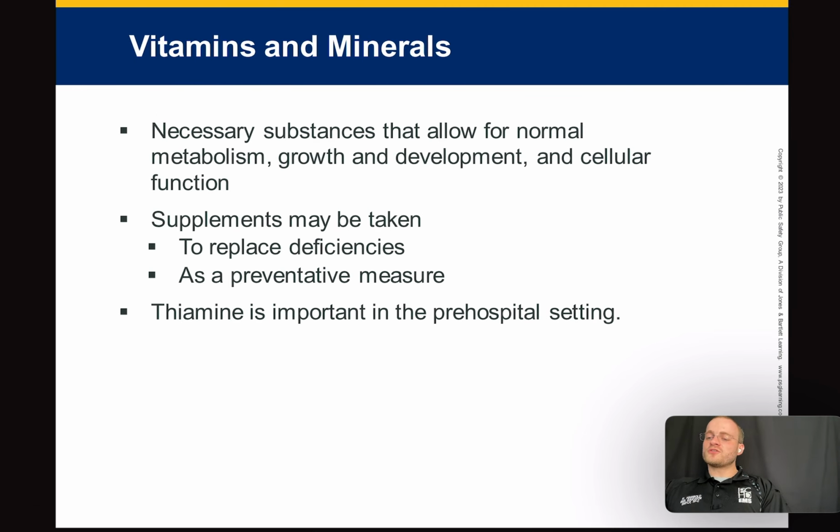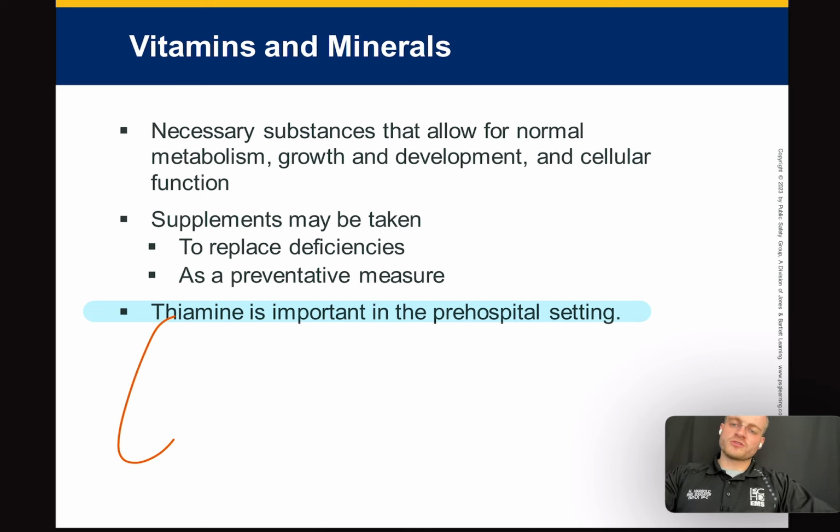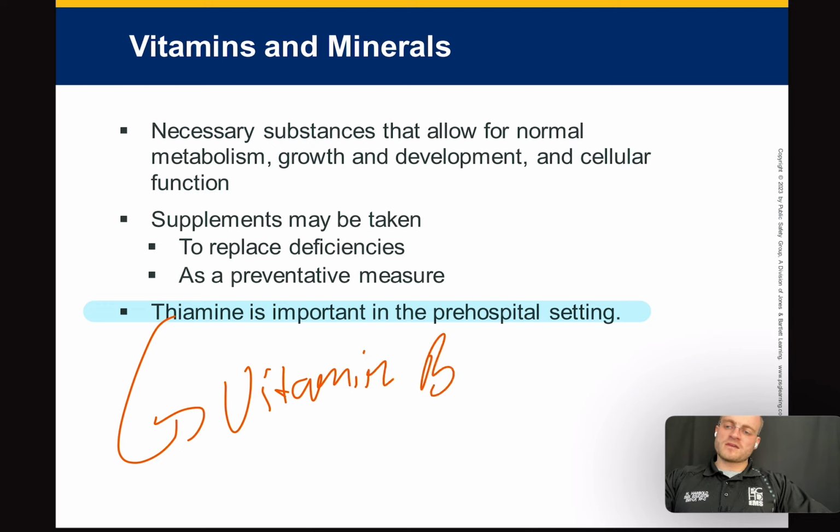Vitamins and minerals, be careful. Just because a little's good doesn't mean more is better. It's very well documented that there's toxicity of vitamins and minerals. You can take too much iron, obviously, or calcium or zinc or vitamin C. It's obvious that we use these in cellular functions, but thiamine, which is also known as vitamin B1, is probably the most commonly used in the pre-hospital environment.